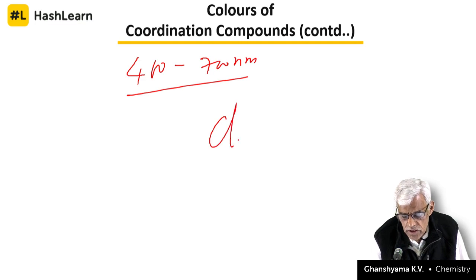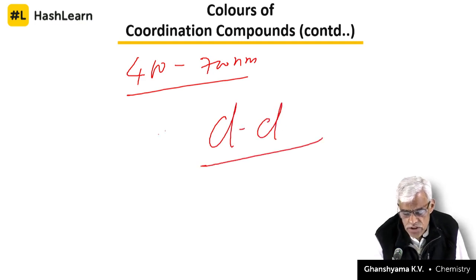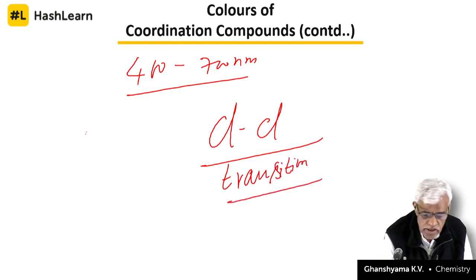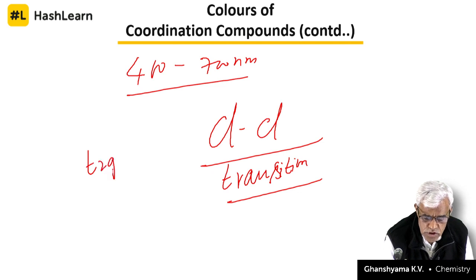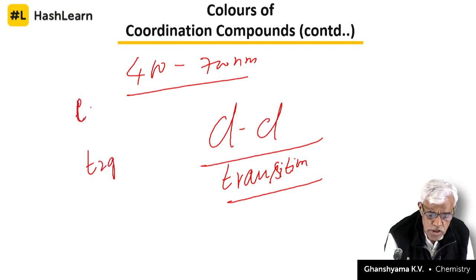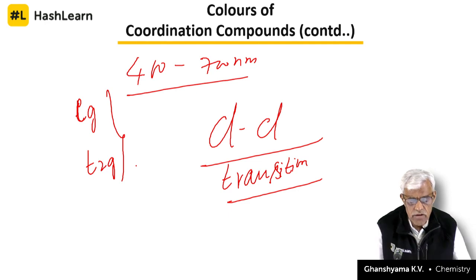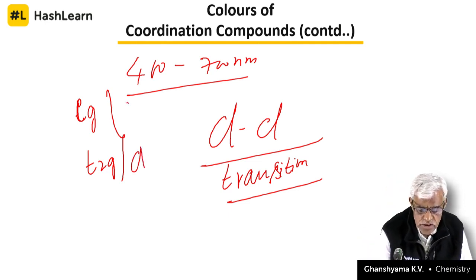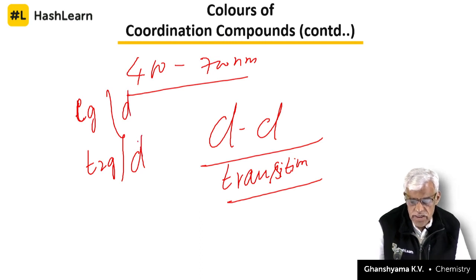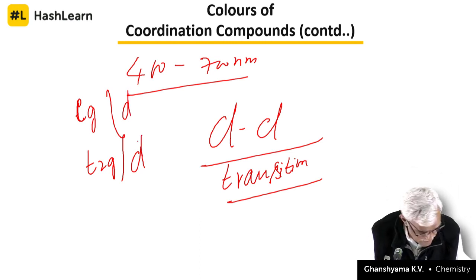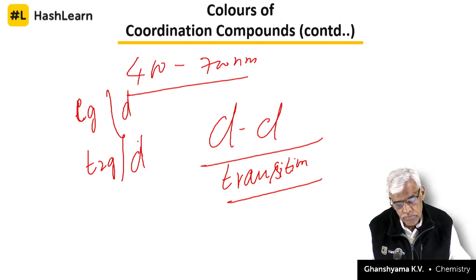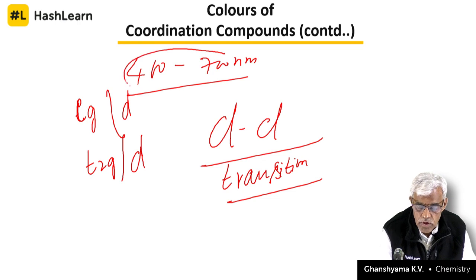This is sufficient for d-d transition of electrons, that is from t2g to eg, or in the case of tetrahedral complexes, it is the reverse. So this is d-d transition. For this d-d transition, 400 to 700 nanometer is sufficient. Hence, it is colored.